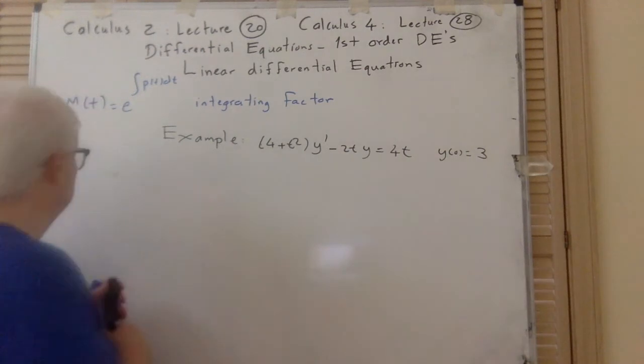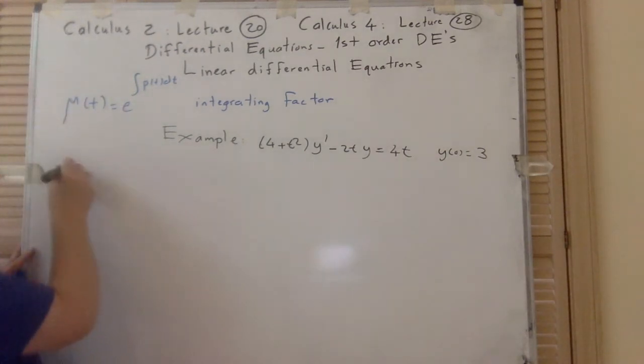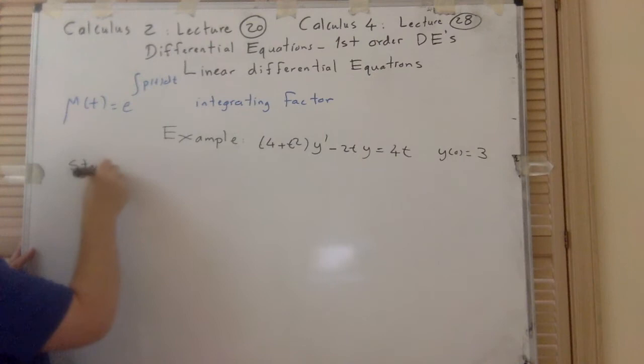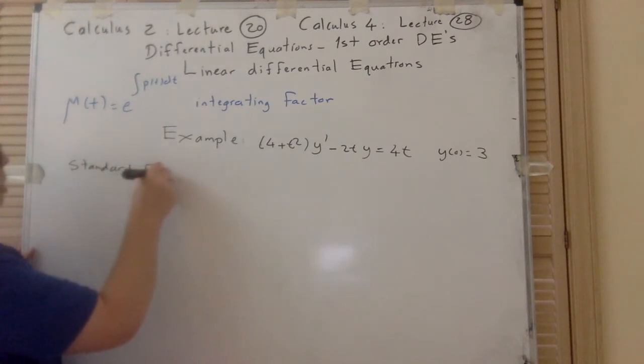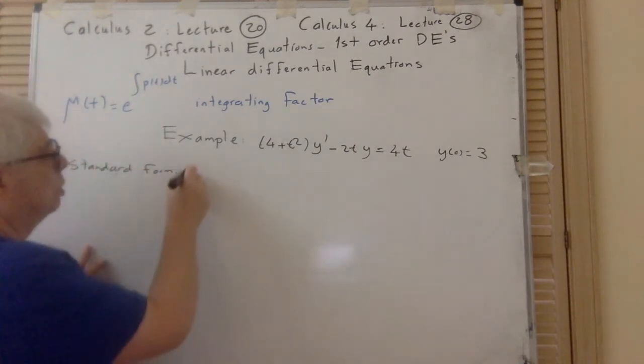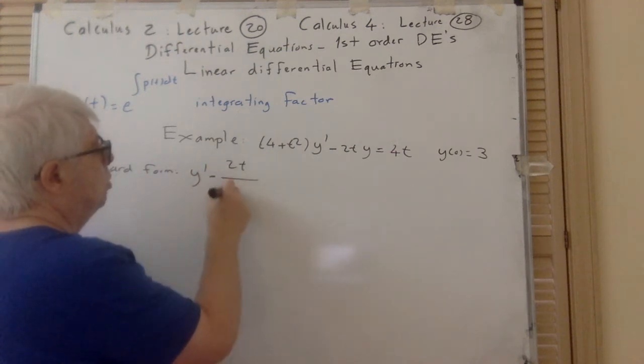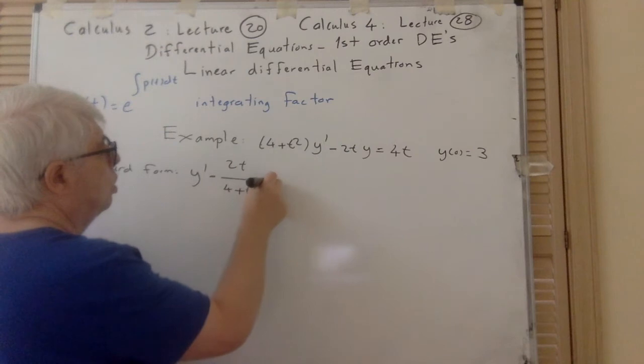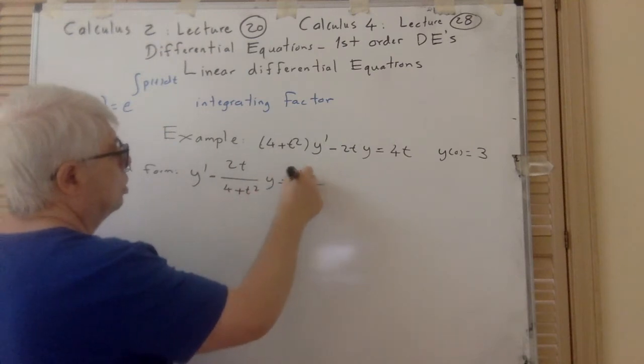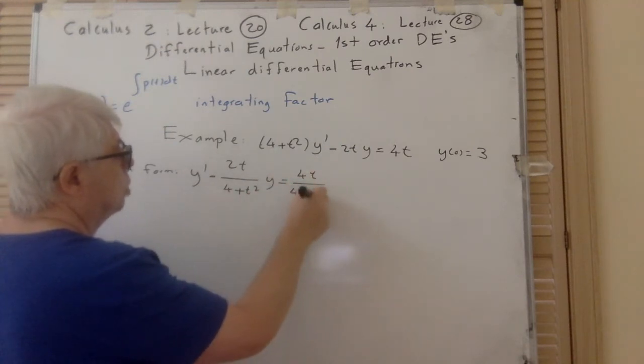So if I put it in standard form, let me start from the left so I have enough space. First thing is standard form, that is y prime minus 2t over 4 plus t squared y equals 4t over 4 plus t squared.